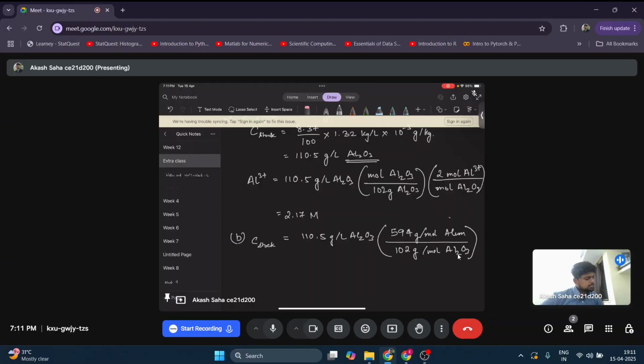This alum is nothing but Al2(SO4)3·14H2O. If you simply solve it, you get 643.5 grams per liter of alum.